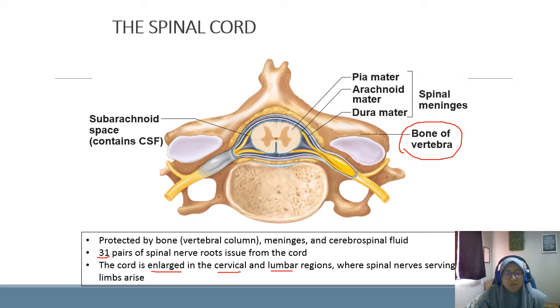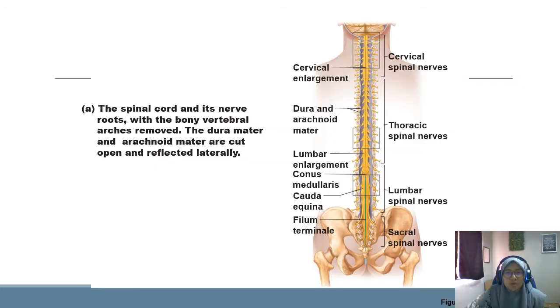Lumbar regions serve the bahagian kaki. This is where the cervical nerve enlarges, cervical enlargement and lumbar enlargement, which serve our kaki dan tangan. Cervical for tangan, lumbar for kaki.